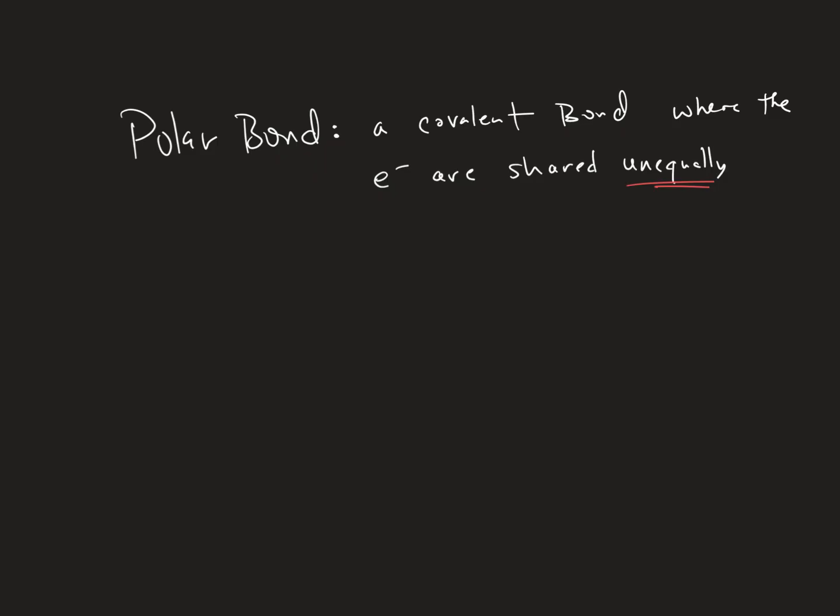Now, what would cause them to be shared unequally? The atoms that are sharing, one of them wants them more than the other. Which one? The one that has more electronegativity. If it has more charge, then we're talking about ionic compounds, right?